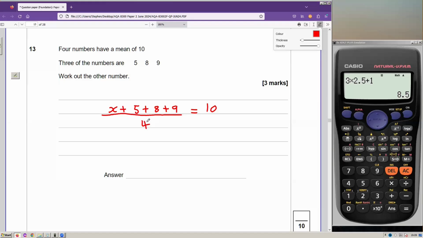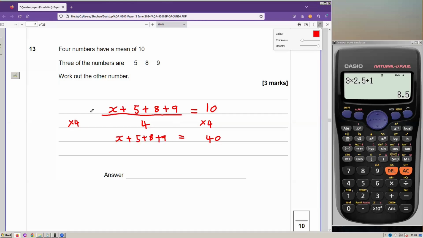Now, if I get rid of this 4 on the bottom by timesing by 4, we end up with 40. So x plus 5 plus 8 plus 9 equals 40. I've timesed both sides by 4. Got rid of the 4 on the bottom.